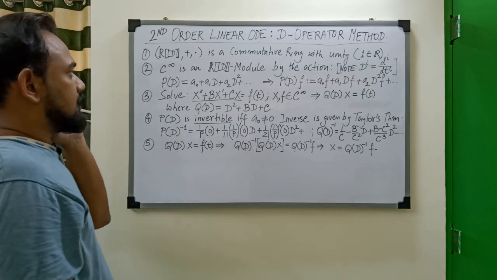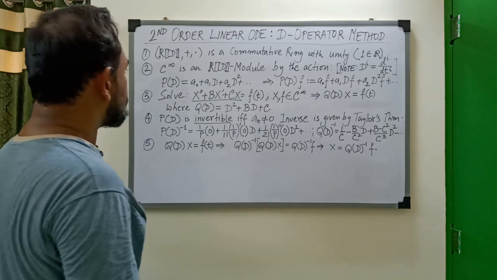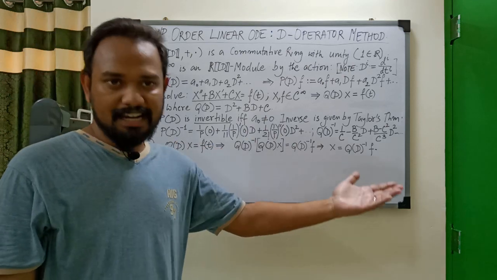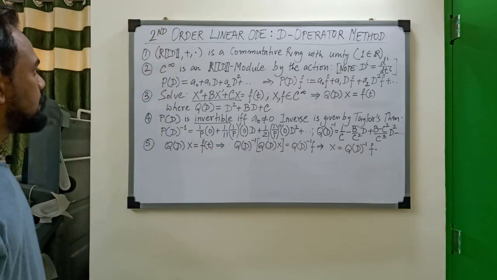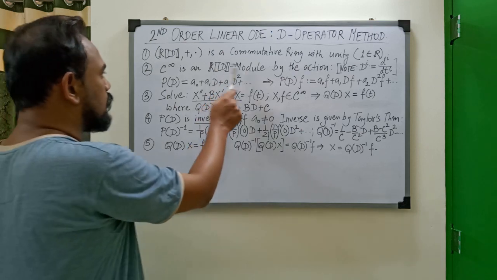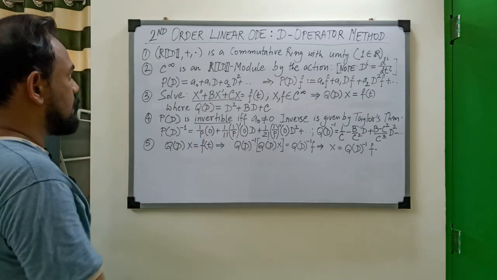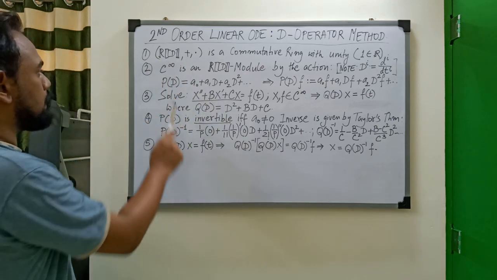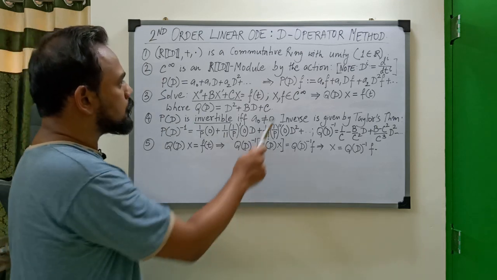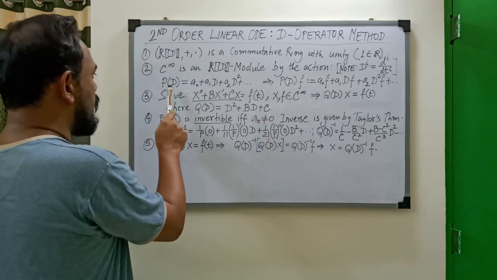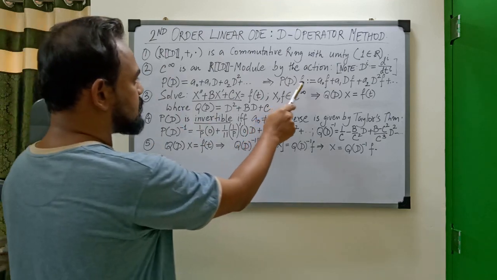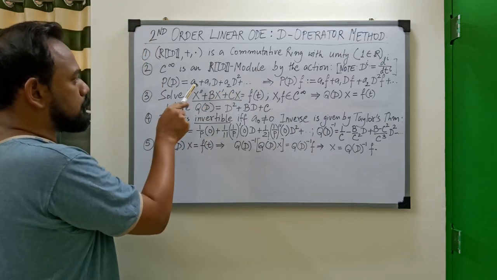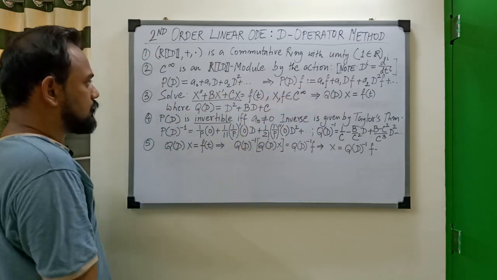And we also found that C infinity, which was really the set of all functions which were differentiable infinitely many times, turned out to be an R[D] module. In other words, this commutative ring had some kind of an action on elements of C infinity, and that action was defined as this, where P(D), being an element from R[D], acted on f, an element of C infinity. It was just a term by term action.